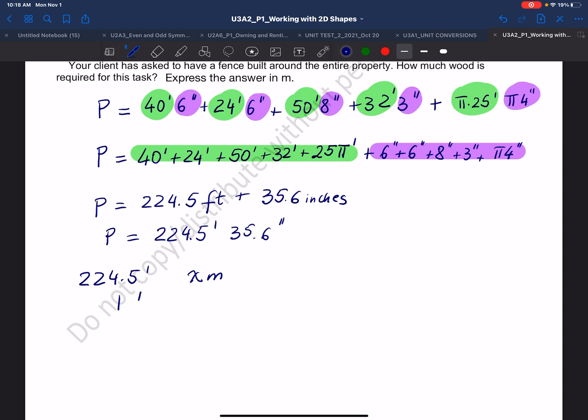So create the fractions again. Equal sign. Cross multiply. So multiply x by 1 first, keep it on the left, equals 224.5 multiplied by 0.3048.